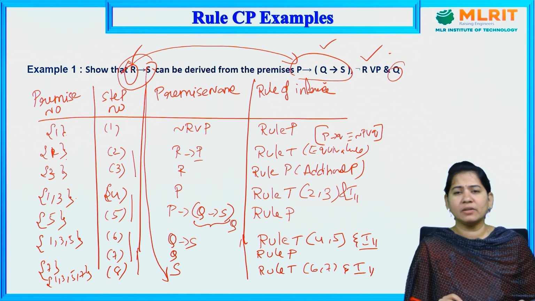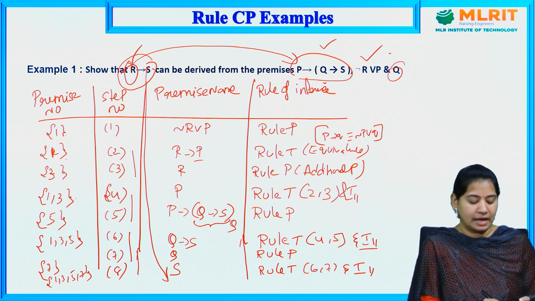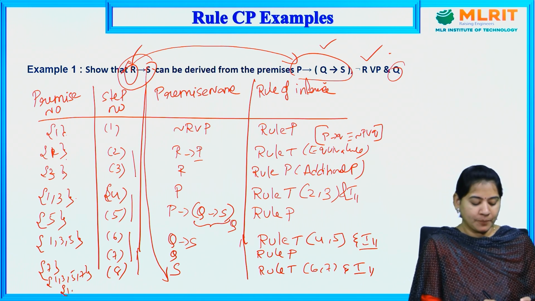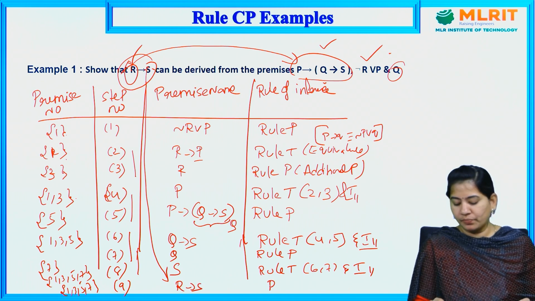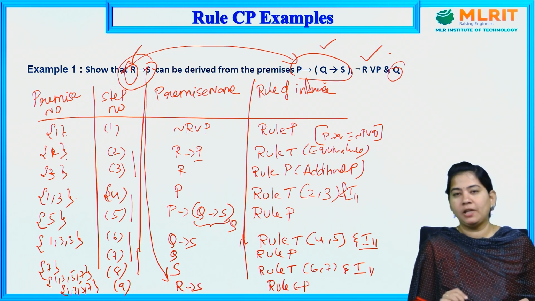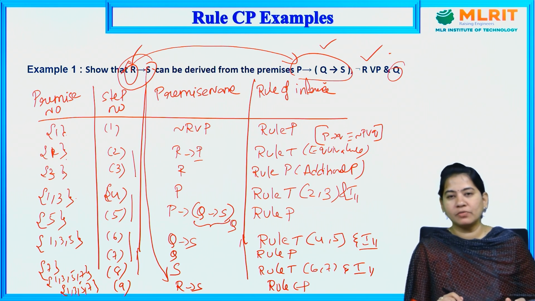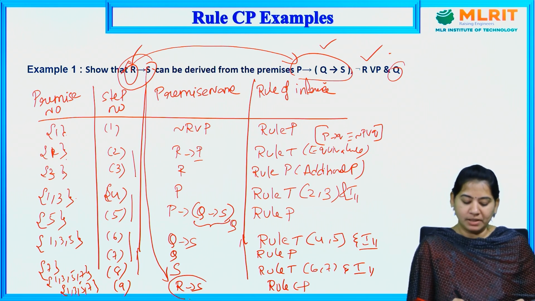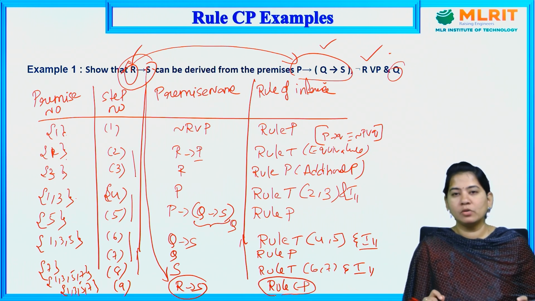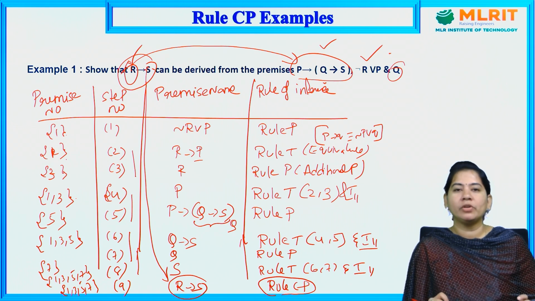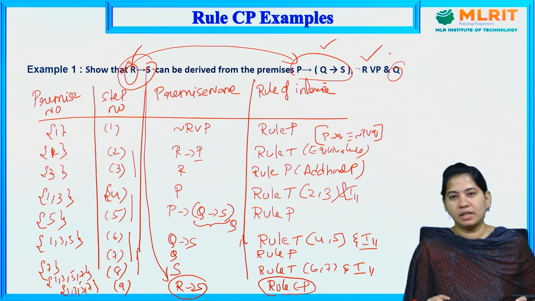So we have achieved the CP rule, and at last you can write 1, 3, 5, 7, step number 9, and write R implies S. This is called rule CP. At last, as per the steps of the rule CP, you need to mention the conclusion they have given, R implies S, and in the rule of inference you have to include rule CP. So this is how you need to solve using the rule CP method.